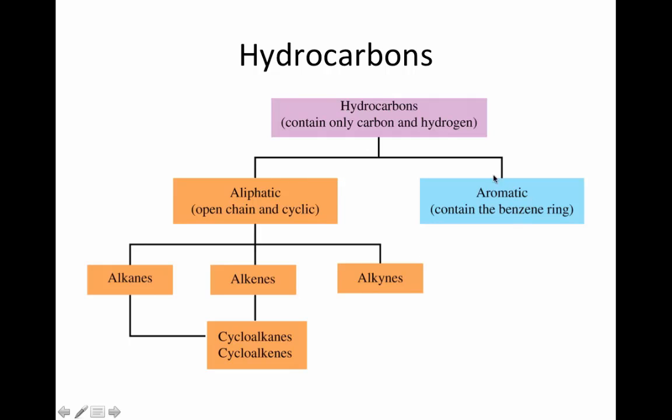The one group are aromatics, which contain the benzene rings, and the other are just chains of carbons, and they may have all single bonds in chains or single bonds with enclosed structures. They may have double bonds in chains or double bonds with enclosed structures, the cycloalkenes, and the alkynes may have triple bonds.